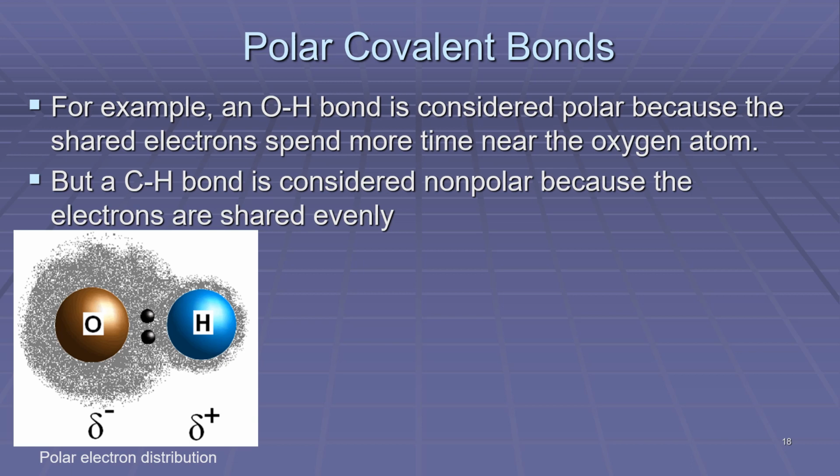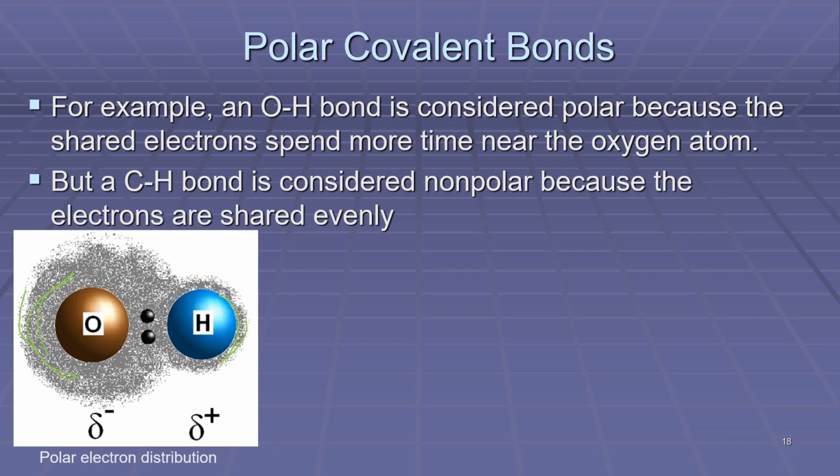You can see electrons are much more pulled over here toward the oxygen and there's a lot less density over here by the hydrogen. So what this leads to is an unequal distribution. The pair of electrons are closer to the oxygen. I know they don't look closer, but because the density is more around the oxygen, it means that the electron density is closer to the oxygen.